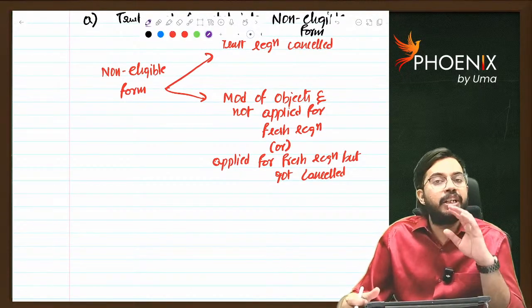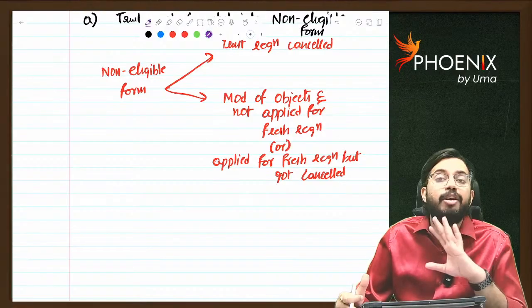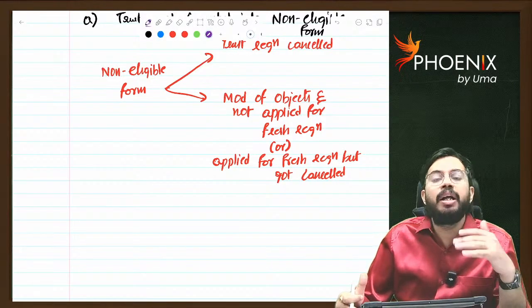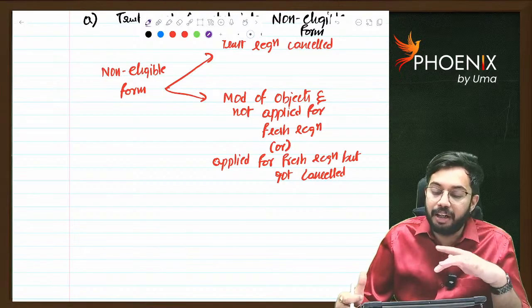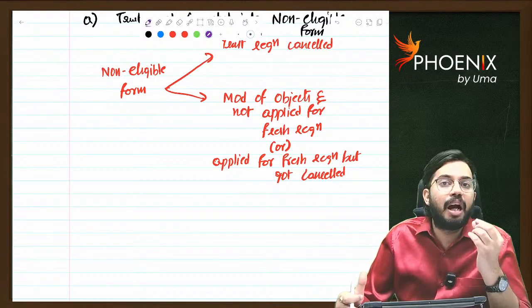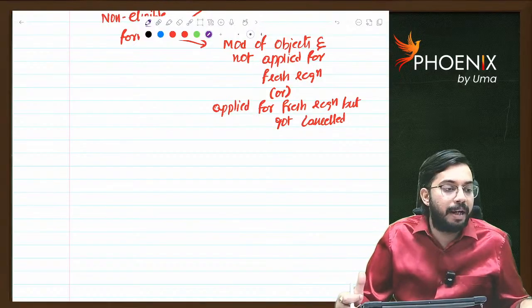So first, trust registration is cancelled by the commissioner, or trust made modifications and did not apply for fresh registration, or it applied for fresh registration which is cancelled by the commissioner. In these cases, whatever the accreted income of the trust is there, on such accreted income, the trust is required to pay tax at the rate of MMR.